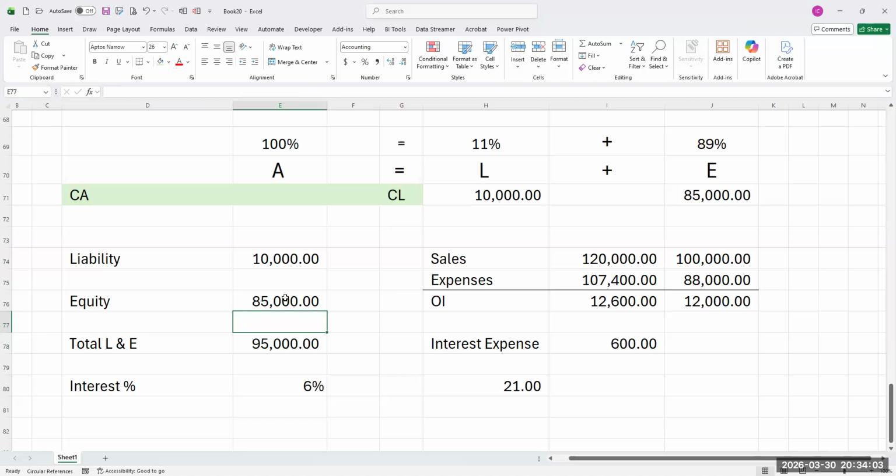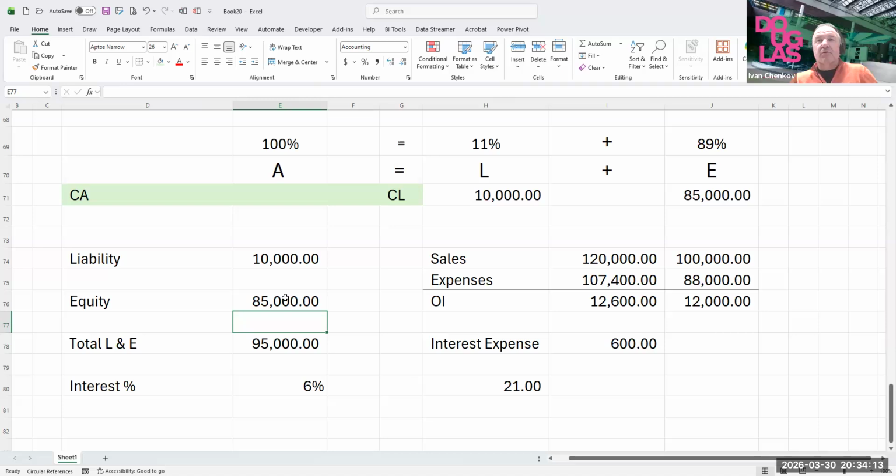Make sense? See, that's interesting. Can you see it? Partially. So your operating income increased by 600, but your operating expenses increased by 600. So basically, with the increase in operating income you're just paying your interest expense, and there's nothing left for you. So that doesn't make sense.